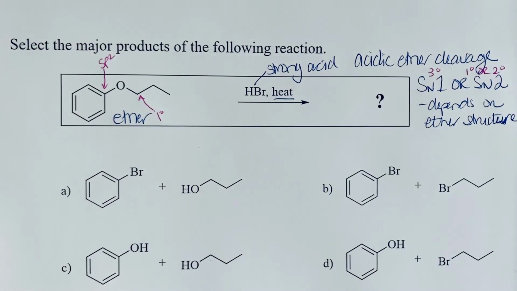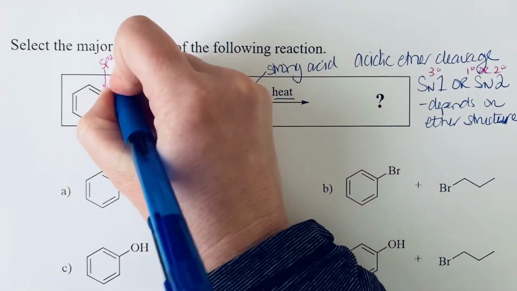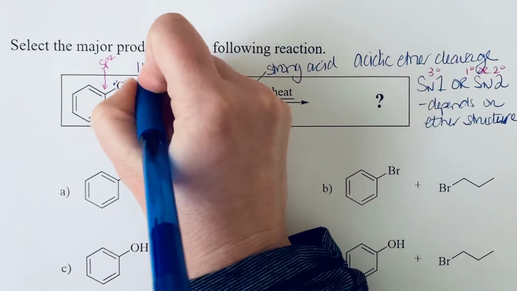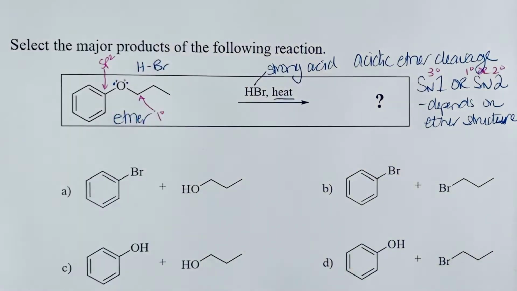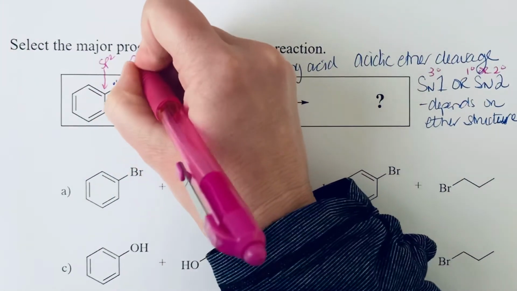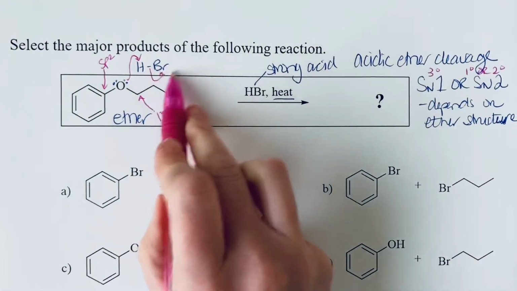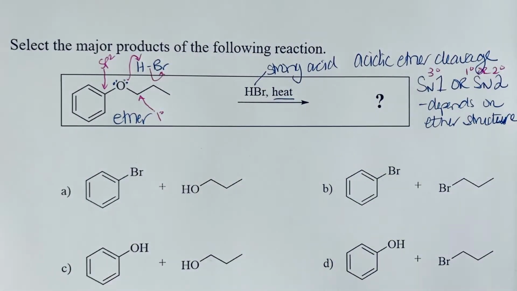So the first thing that will happen is your ether can act as a base and be protonated by the strong acid, the HBr. So this ether will grab the hydrogen from the HBr, and we're going to break that hydrogen-bromine bond, and this is going to give us bromide as the nucleophile that can undergo this substitution reaction.